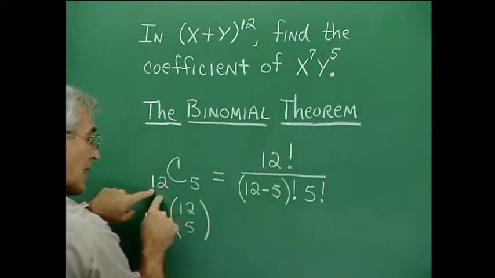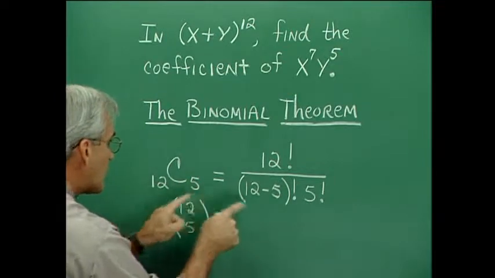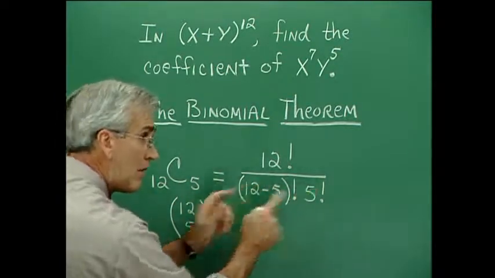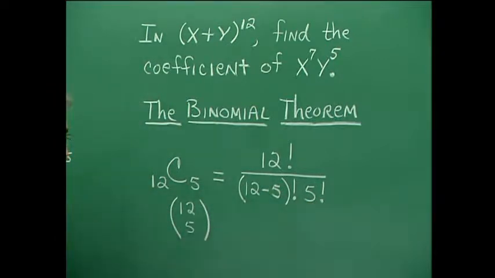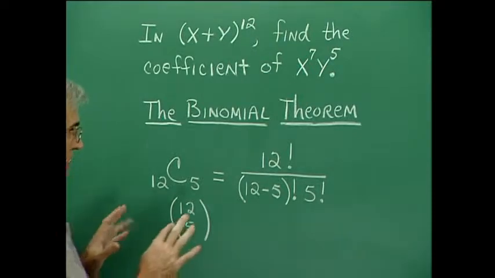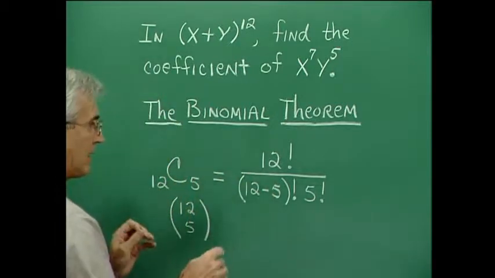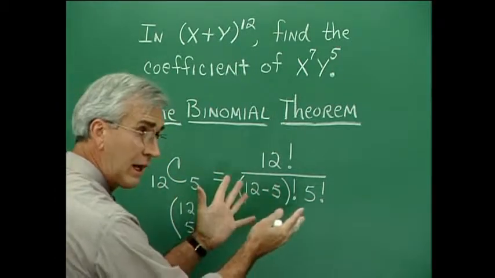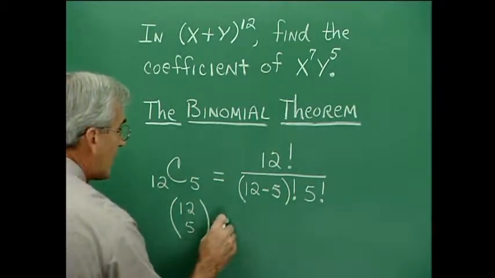And then in the denominator, we have a couple of items. One of the items is the difference of these two, factorial, and the other item is this second one, factorial. Okay, so all of that is going on. Now, it's only a matter of experience that allows us to remember this and understand it well. I don't recommend that we go and try to memorize this. We'll get enough practice with it so that the memory will be very efficient very shortly.